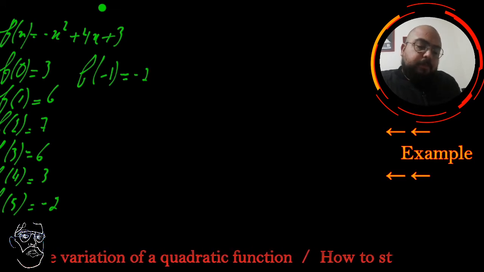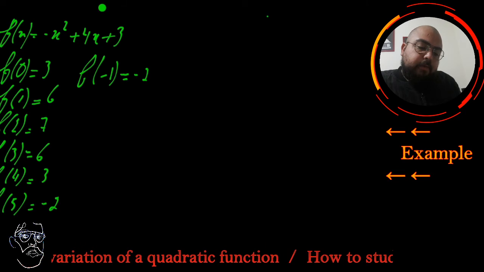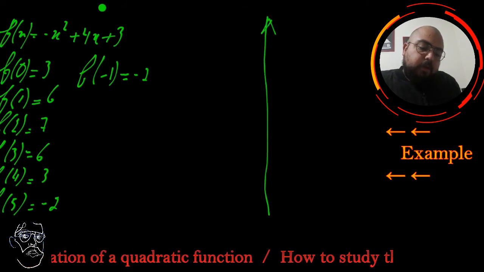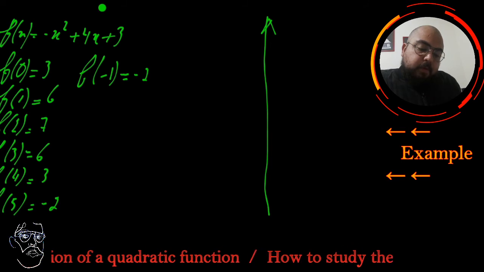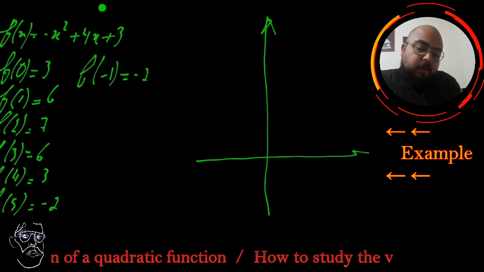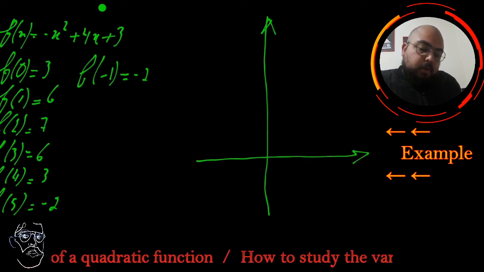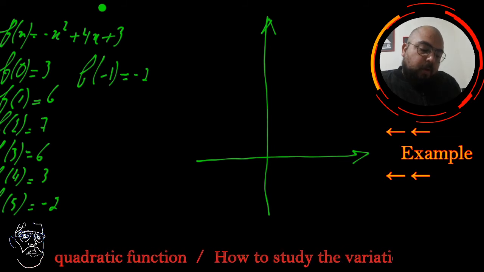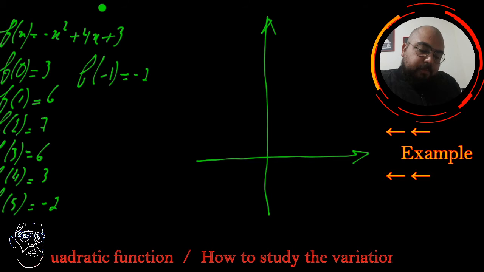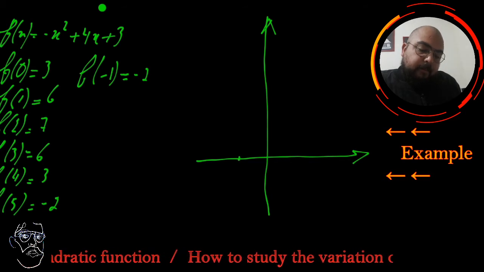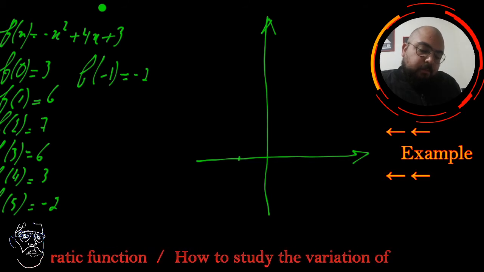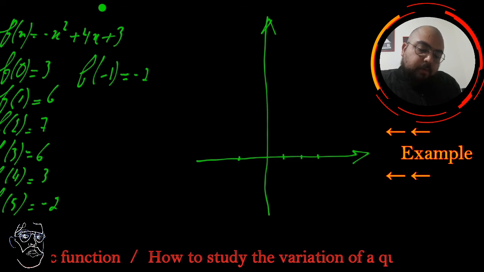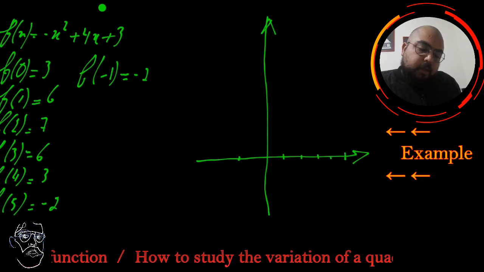Alright, so we're gonna draw our curve. In this case, you can consider the positive part as a dominant part. So our values are between minus 1, 0, 1, 2, 3, 4, and 5, let's say.